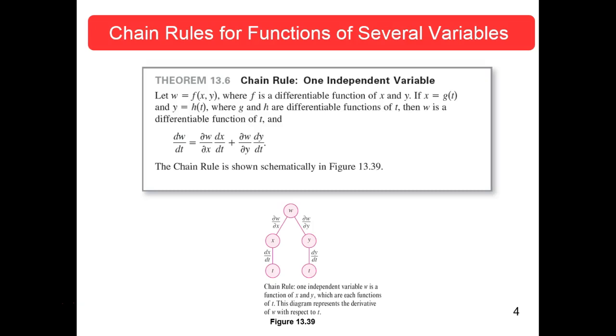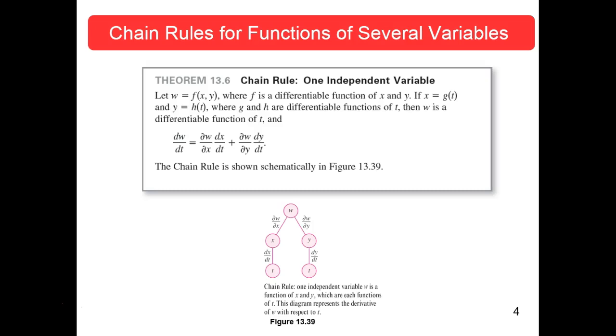schematically here. Okay? You got one independent variable, two of what I call intermediate variables. These both have derivatives with respect to t, because they're functions of t. But because these are both variables of w, these are partials here. So the total derivative of w with respect to t is the partial of w with respect to x times the derivative of x with respect to t.